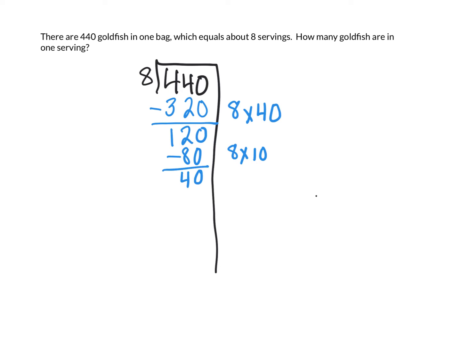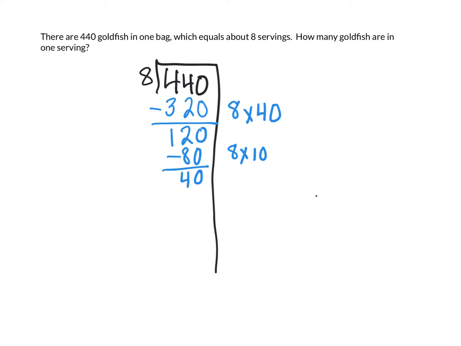I have 40 remaining. So now in your head you're thinking, is there an 8 fact that equals 40? If you know an 8 fact that equals 40, you can use it right away and get done immediately. If you don't, you might know an 8 fact that equals other numbers, and you could use those to work up.